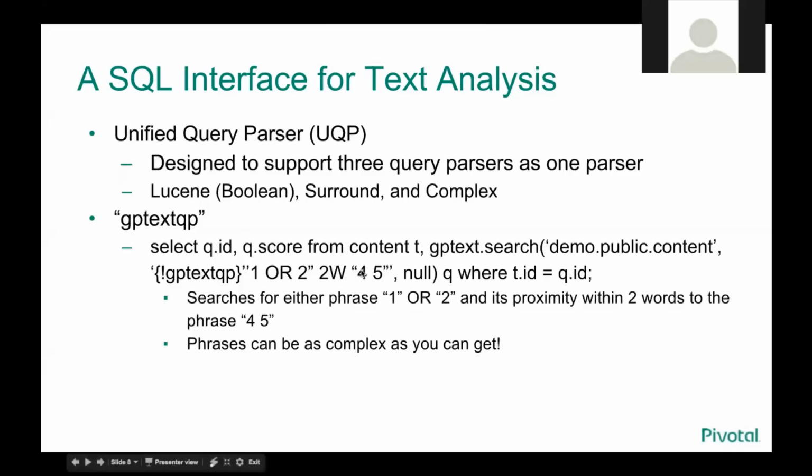And if you replaced one of the 4 or 5 with a regular expression, like mobile star for mobility, or mobile phone, etc., words that have a common root, you would be able to search for all 3 types within one query. And phrases can, of course, get as complex as you want. It's only limited by your imagination.